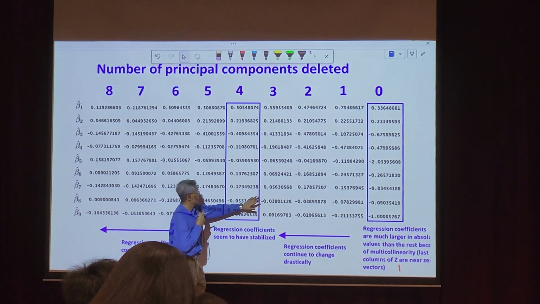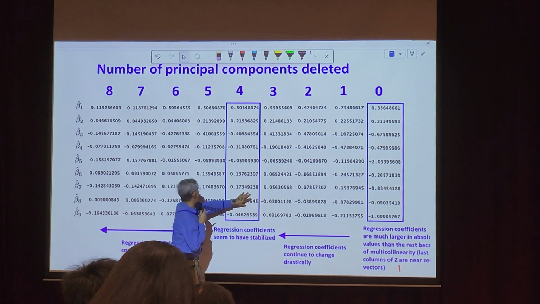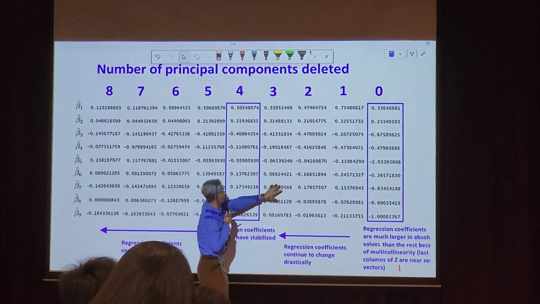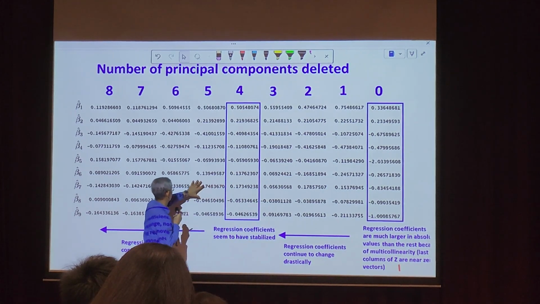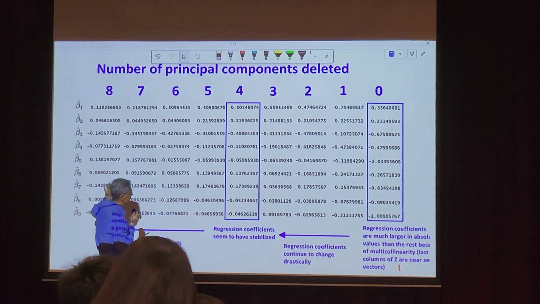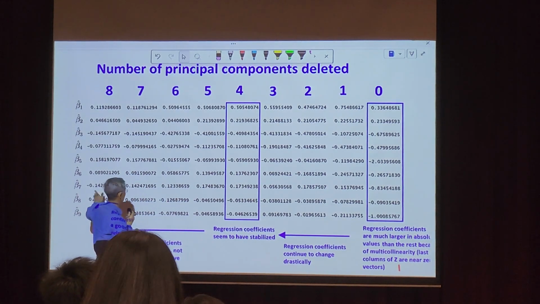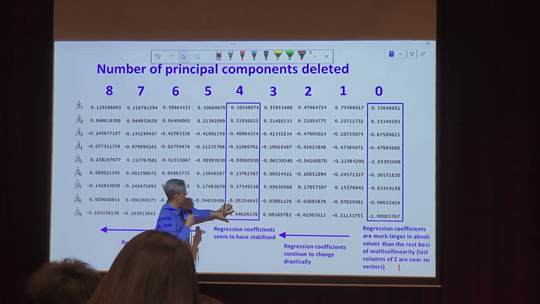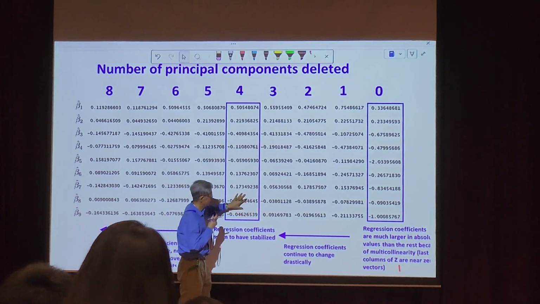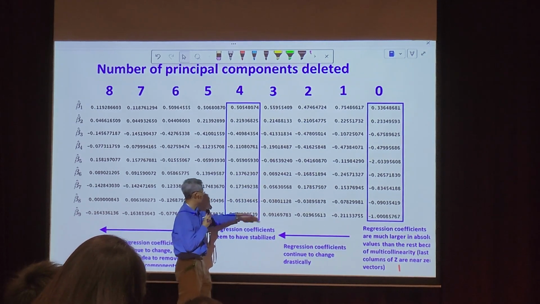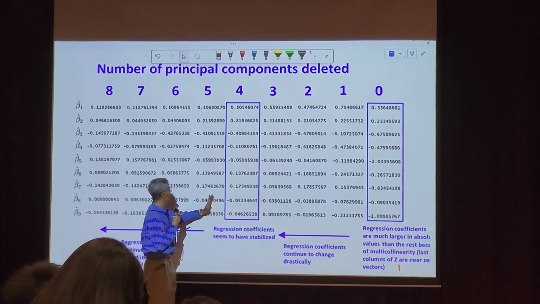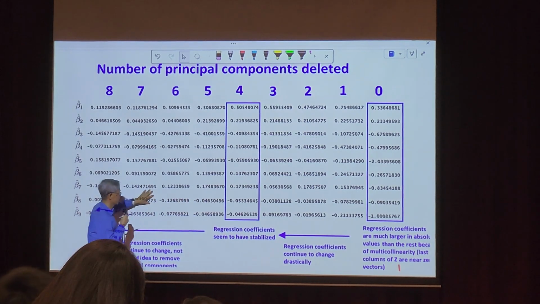You can see that it will start to stabilize a little, and then change again, very drastically. So it is somewhere here that you can stop. Either you delete the last 3 or the last 4, because beyond that, things start to change again quite drastically.